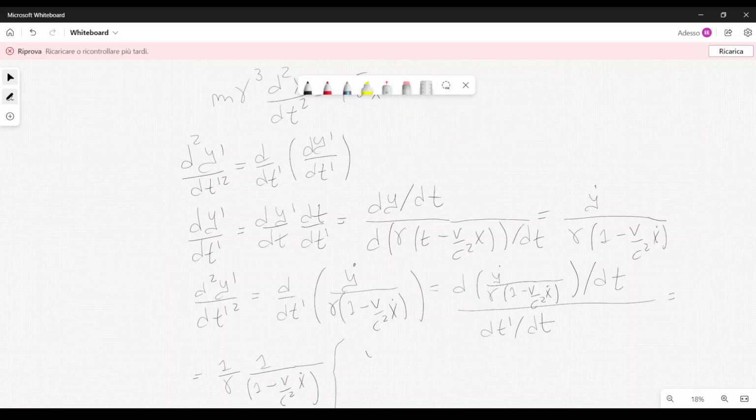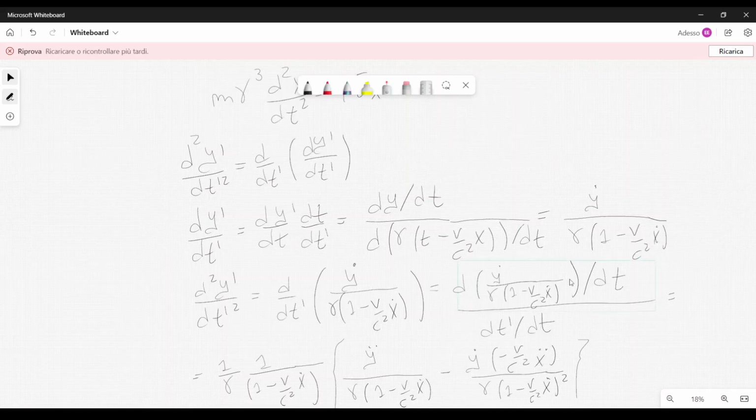Then we have y double dot over gamma (1 minus v over c squared x dot) minus y dot times minus v over c squared x double dot, over gamma (1 minus v over c squared x dot) squared.